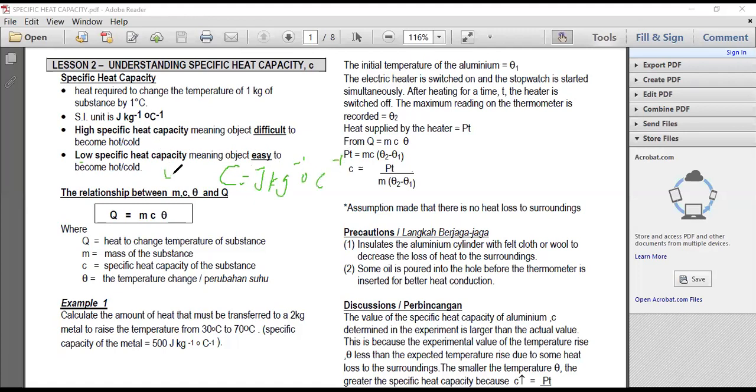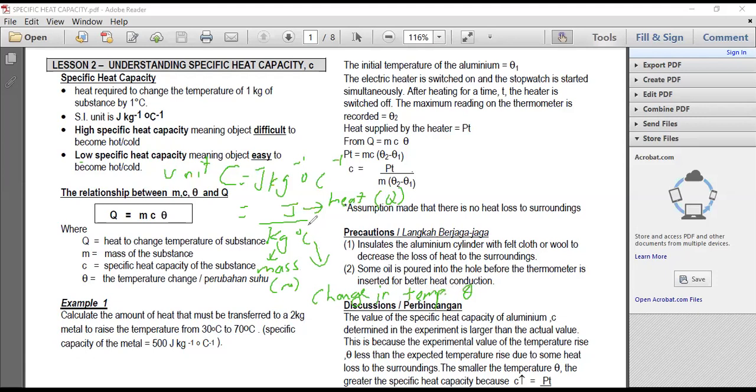If I write it in the form of a fraction, it becomes joule per kilogram per degree Celsius. Joule is the unit for heat, represented by Q. Kilogram is the unit for mass, represented by M. And degree Celsius is the unit for change in temperature.